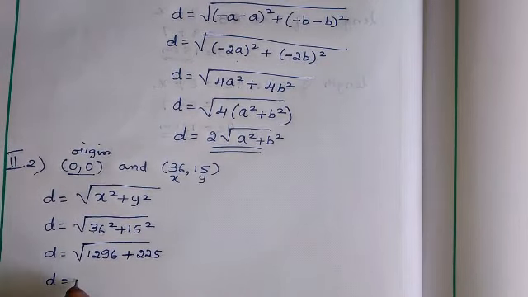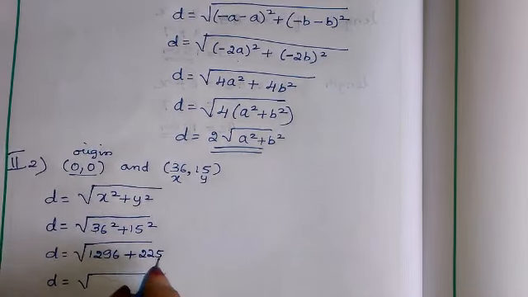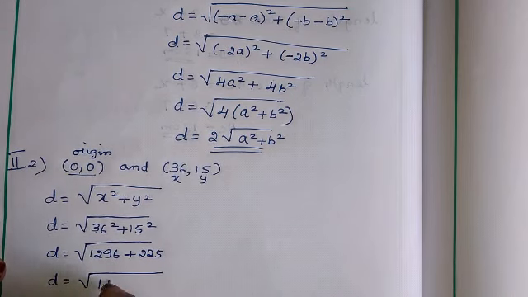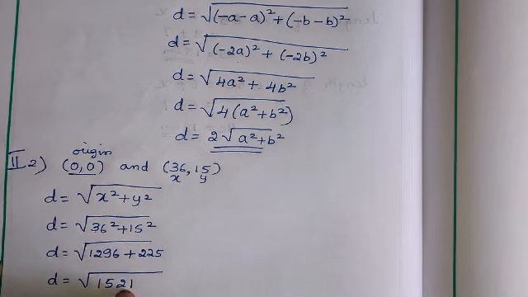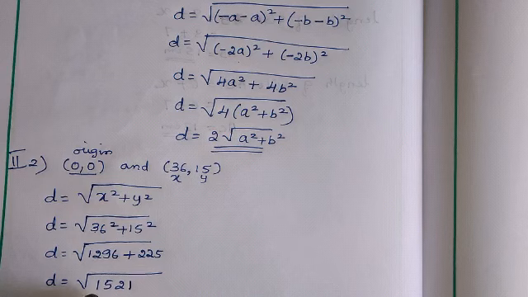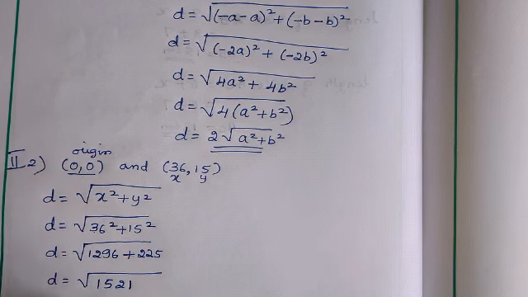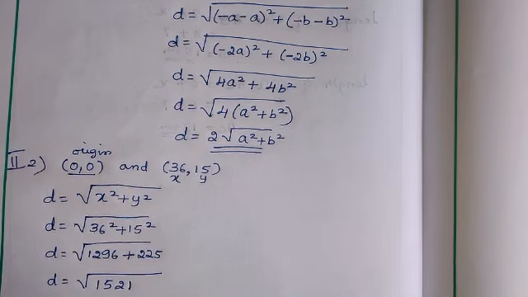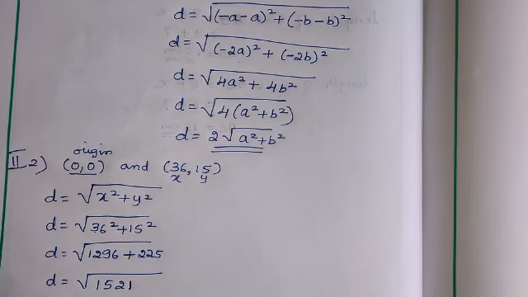If we add 1296 and 225, we will get 1521. See, the last digit is 1 here, so it is a perfect square. The square root of 1521 is 39. So the distance is 39 units.